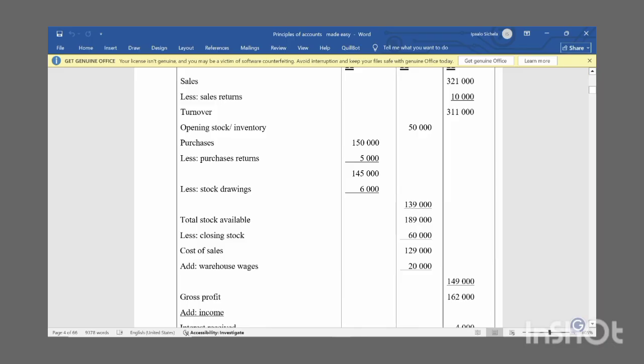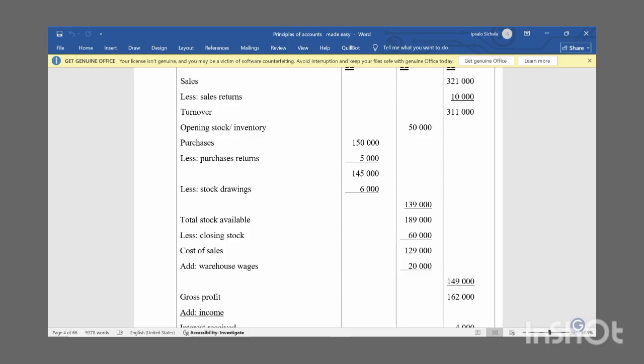Once we're done with purchases, we'll put the figure in this column here. So what we're getting is 139,000. We're going to add this 139,000 to the 50,000. And what are we getting? 189,000. And what do we call this figure? Total stock available.